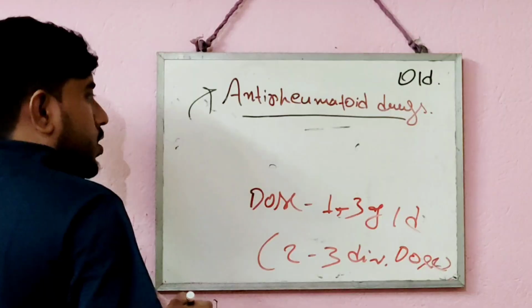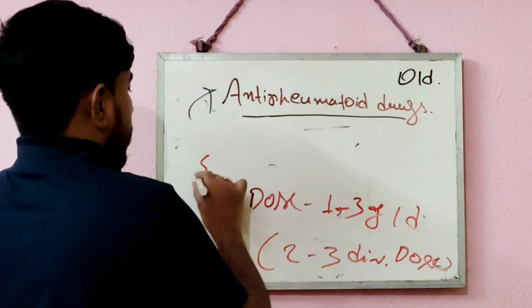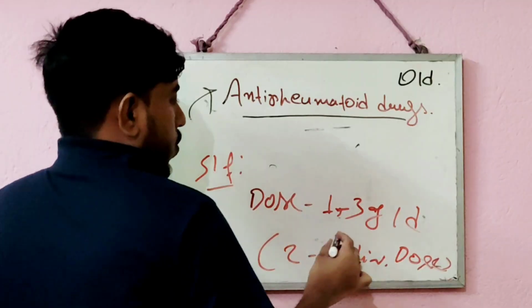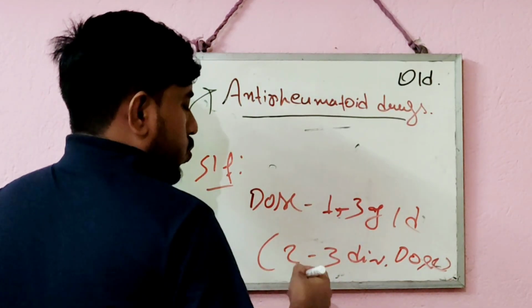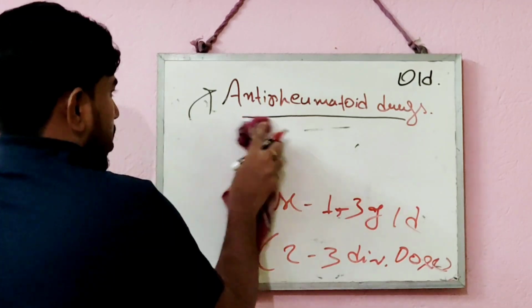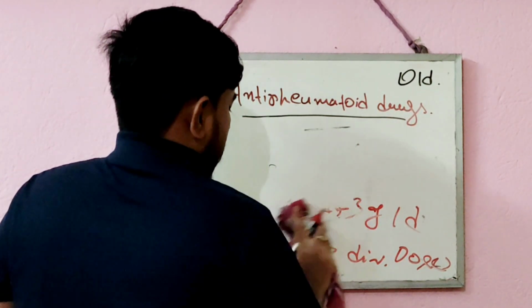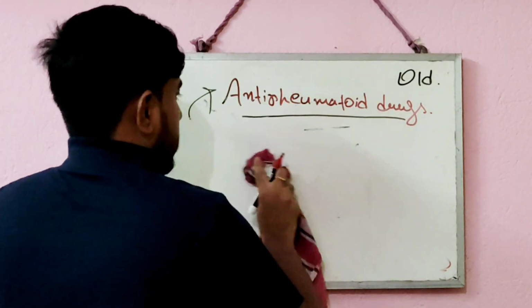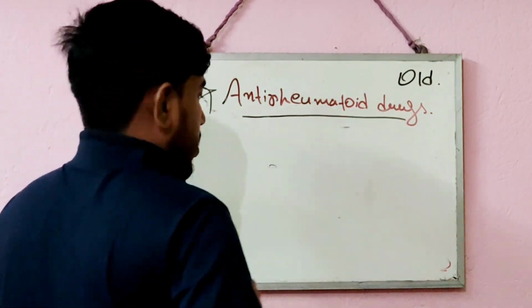So how much sulfasalazine is consumed for the treatment of arthritis? 1 to 3 gram per day in 2 to 3 divided doses in a day. That will lead to the treatment of arthritis and relieve the pain or inflammation in joints.